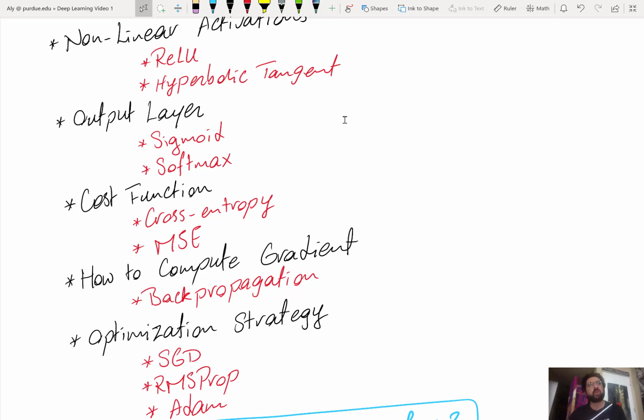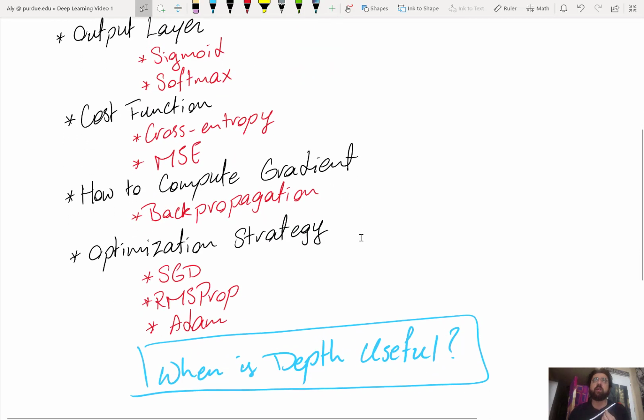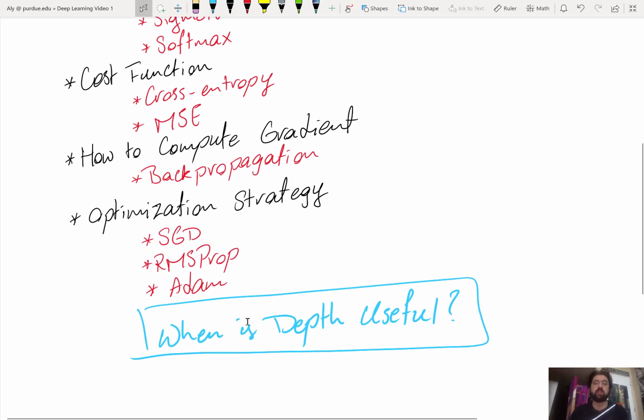So you cannot answer one of them independently, but we will discuss the important design considerations that make you determine whether you need more depth or less depth. So say you have a problem and you bring a 2-layer network and then you do a little bit of testing. You want to know whether this network should be a 1-layer network or a 3-layer network, right? So which direction should you go?